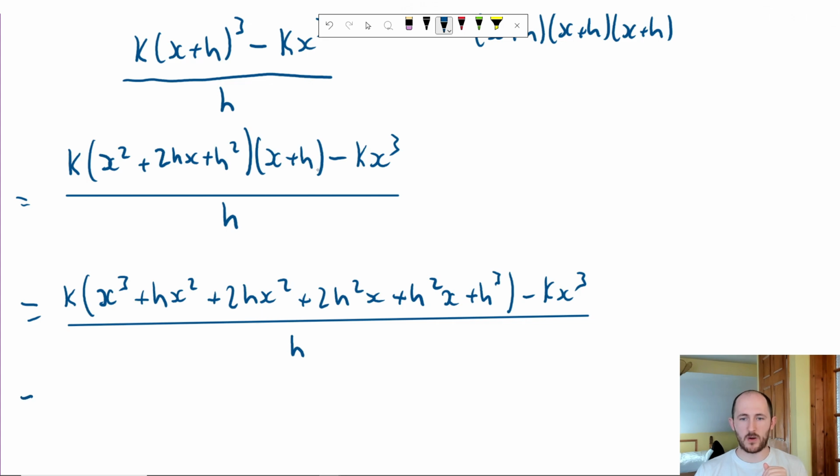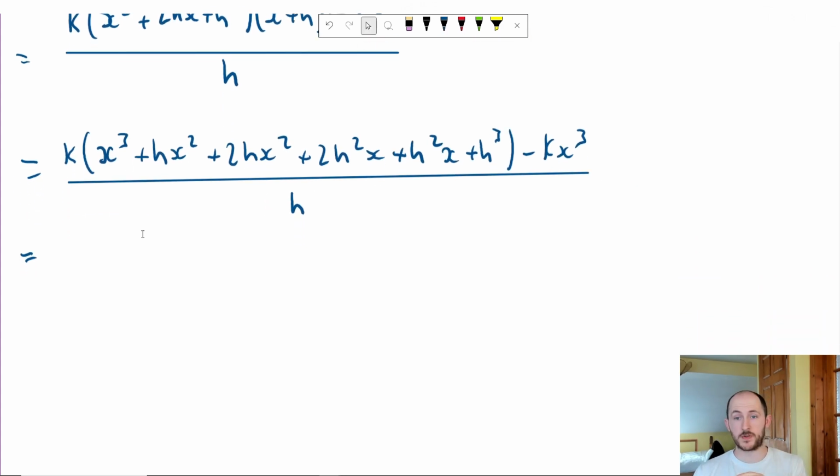Over h. Then what I'm going to do is expand the bracket, as in the k bracket, but I'm also going to gather like terms. So we have x cubed times k. There's no other x cubeds here, so that's just kx cubed. Then if we gather up the hx squareds, we have hx squared plus 2hx squared, and that's it.